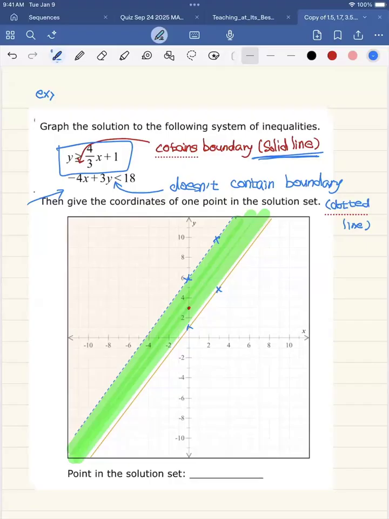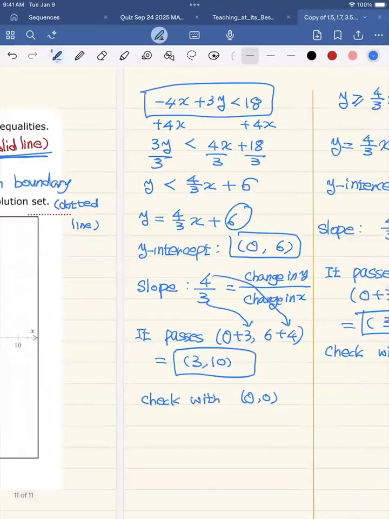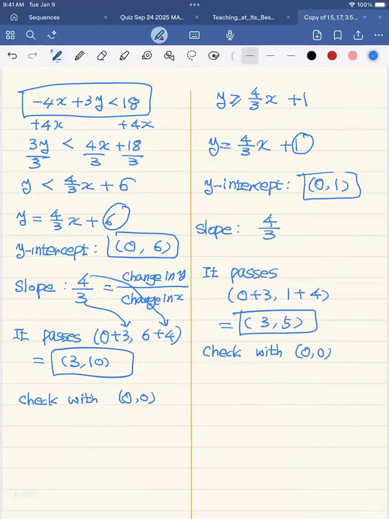Now it's time to check the inequality. I would choose (0, 0) with the second inequality. Then -4 times 0 plus 3 times the y value 0 is less than 18. When we calculate the left side, it is 0, and the right side is 18.